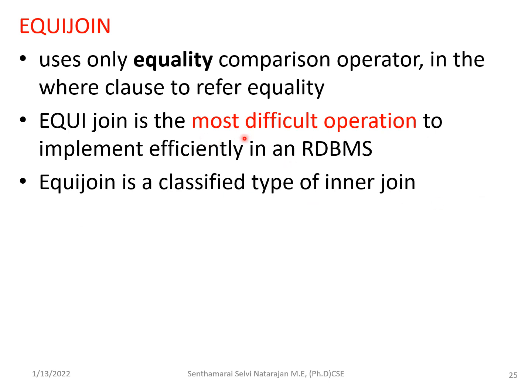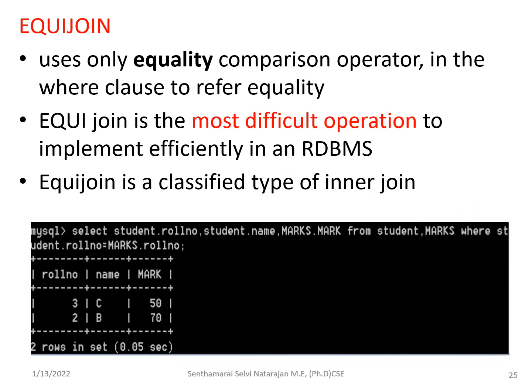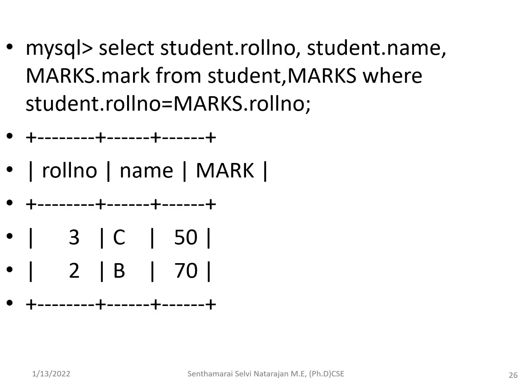So it is the most difficult operation to implement efficiently in an RDBMS. So equi-join is a classified type of inner join. I have said that in general in the SQL language you will have equi-join, outer join, left outer, right outer and full outer join. So it is a category of inner join. We'll see some examples related to this equi-join concept.